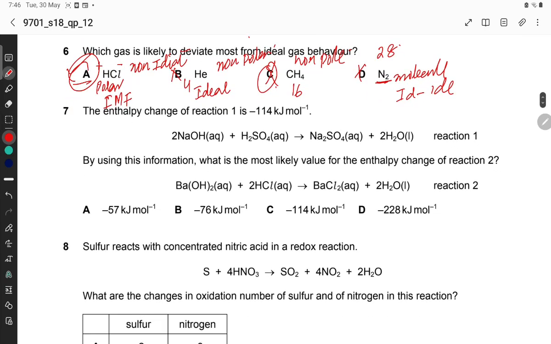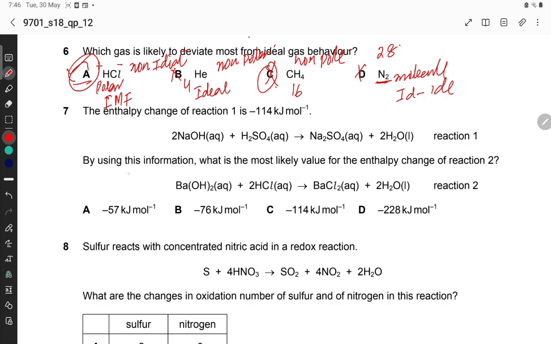Question number 7, the enthalpy change of reaction is minus 114 kilojoule per mole, and this is the question. Sodium hydroxide. This is a reaction in which we can see that 2 moles of sodium hydroxide react with 1 mole of sulfuric acid to form sodium sulfate and 2 moles of water.